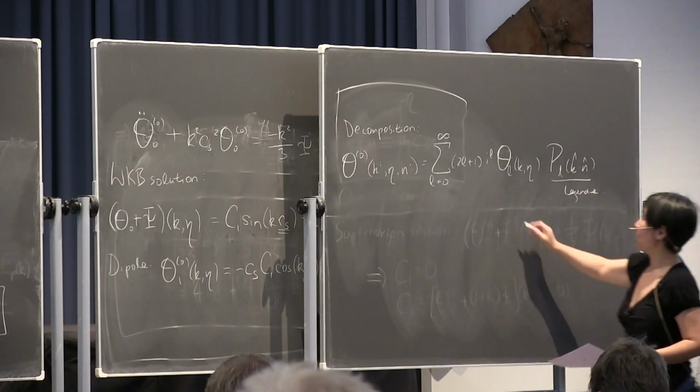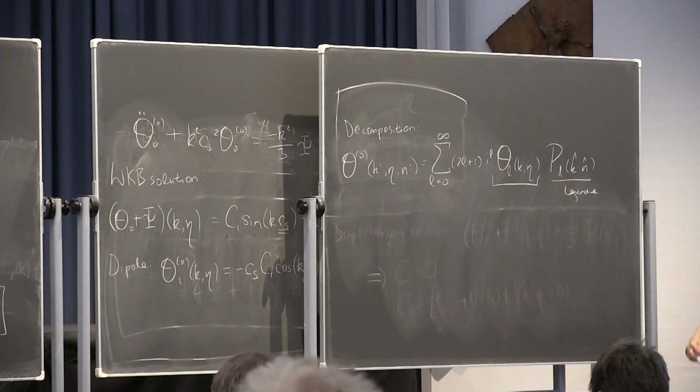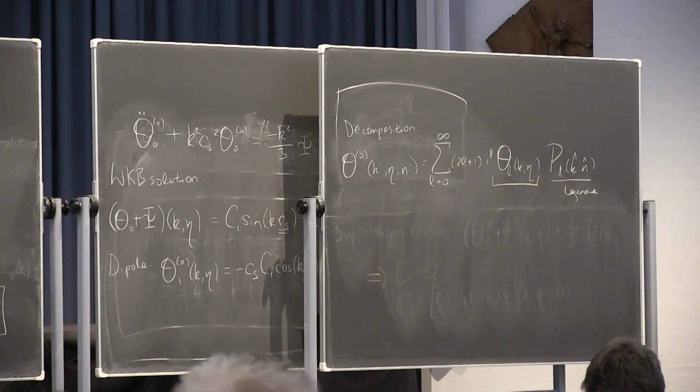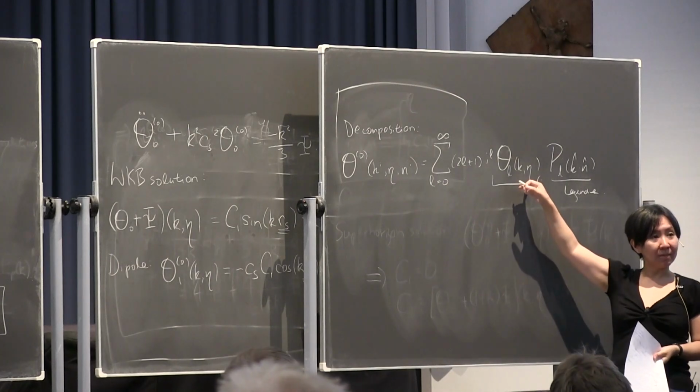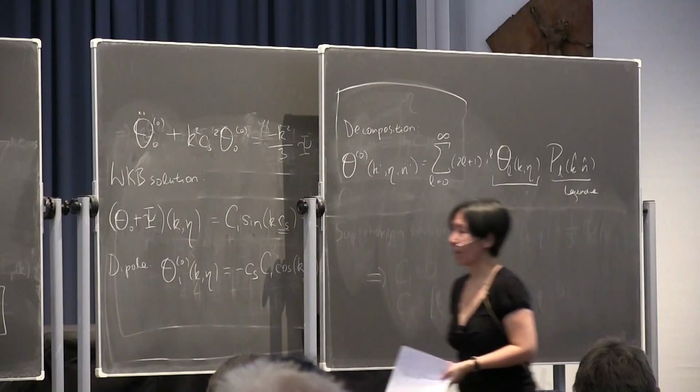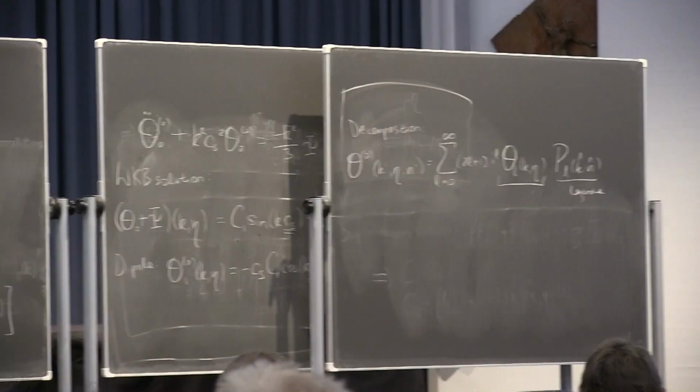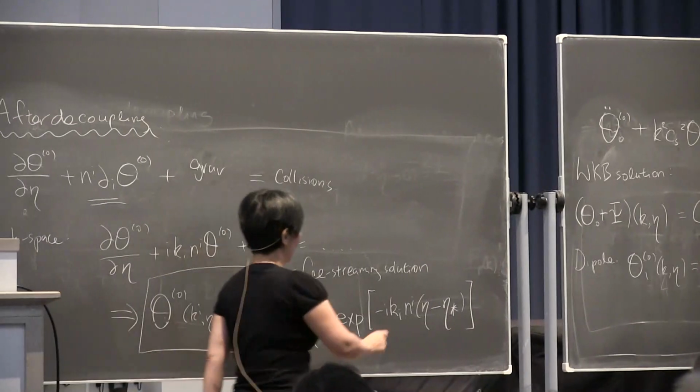And this is actually what we want. So if I want to find a free streaming solution for these multipoles θ_l, what I need to do is go back and decompose this thing as well.